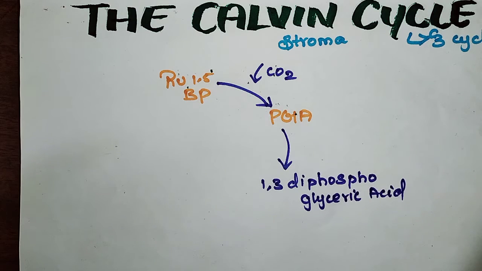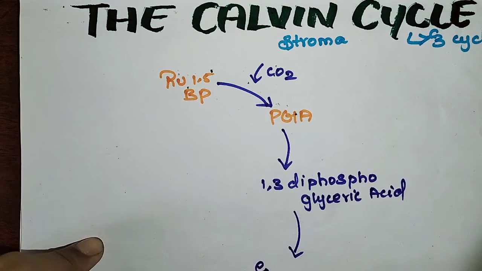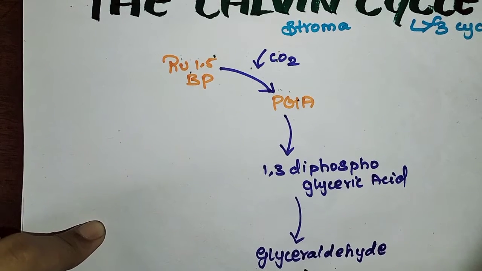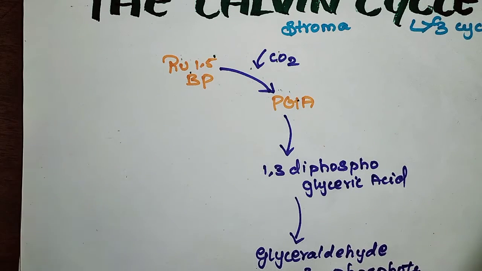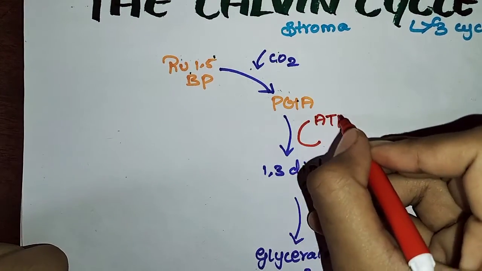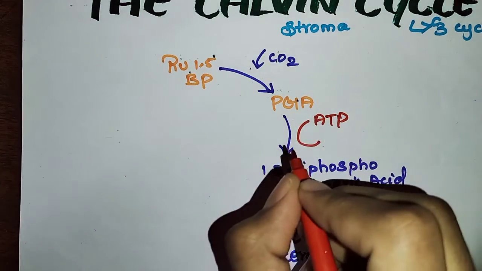Now this diphosphoglyceric acid is converted into glyceraldehyde 3-phosphate. Next, what is used here? We use 2 ATP for one cycle.